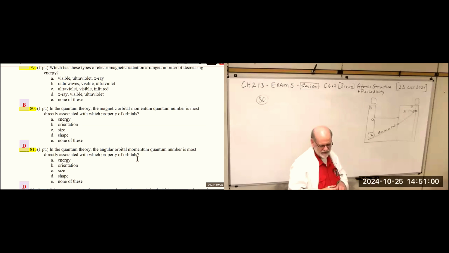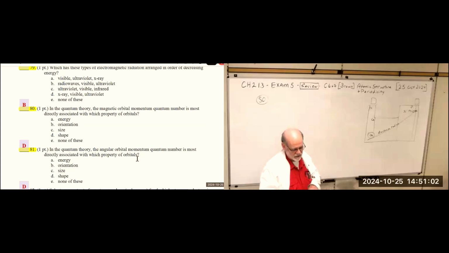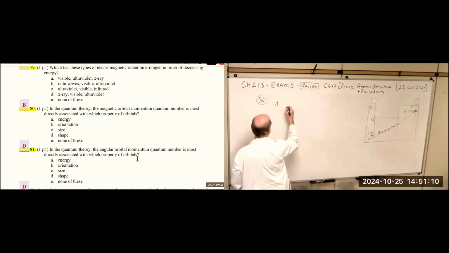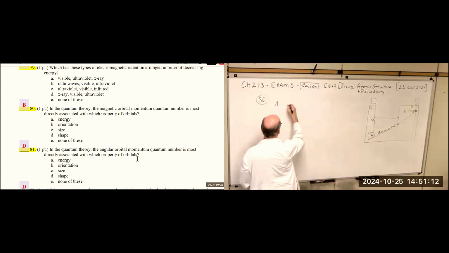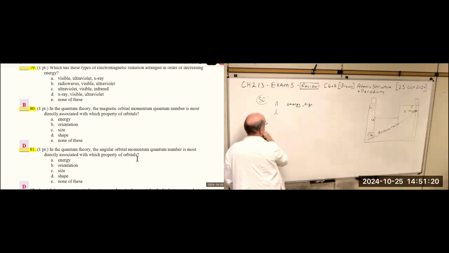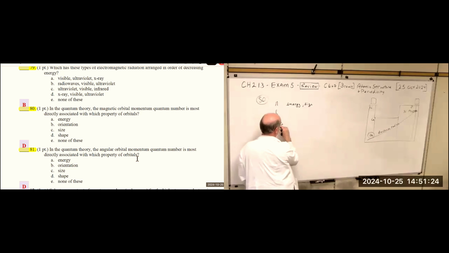In the quantum theory, the magnetic orbital momentum quantum number is most directly associated with which property? All right, the principal quantum number is associated with what? Energy, right? Energy and size. The angular momentum quantum number is associated with energy, size, and shape.